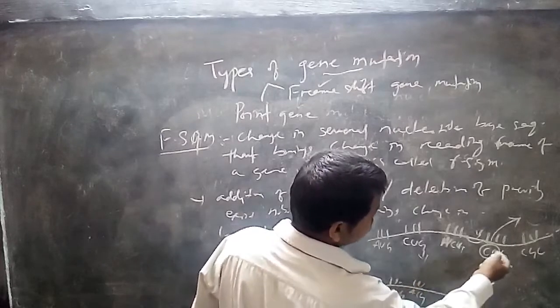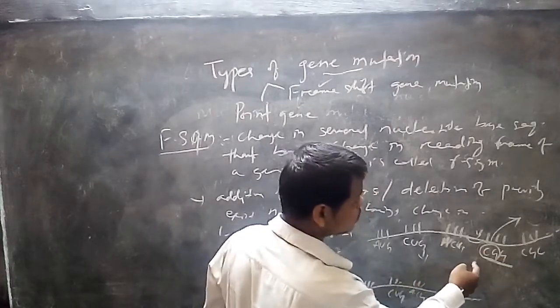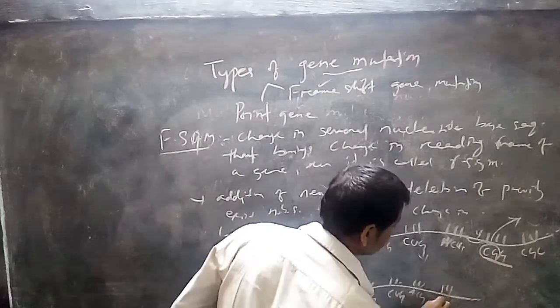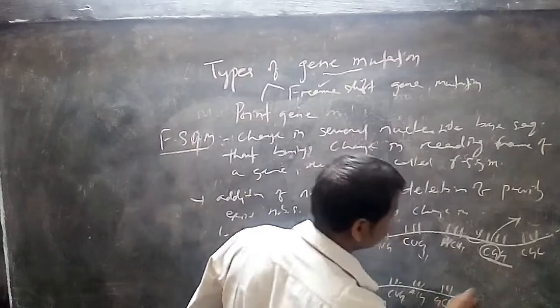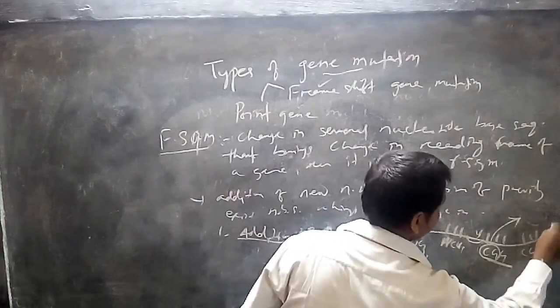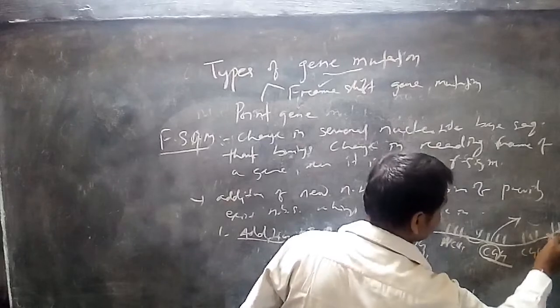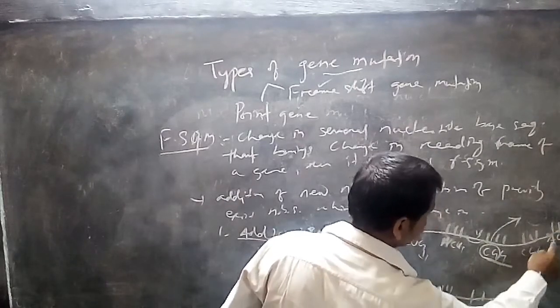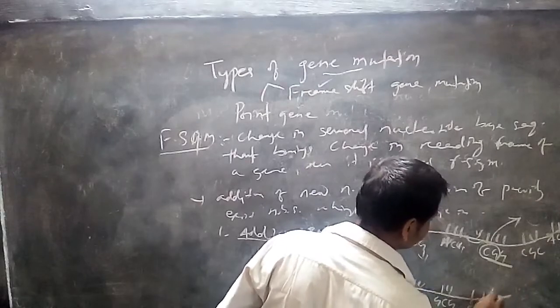Then here C and G are deleted. That means the reading frame will be changed into GCG. Then C. Then next further, if there is another, AGC. Then it will be read as CAG.